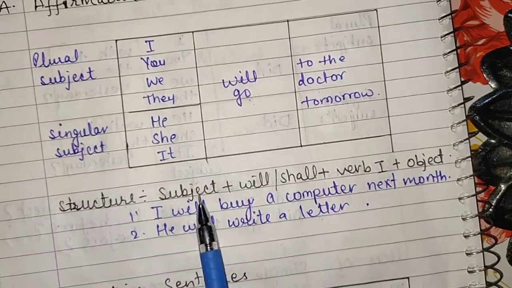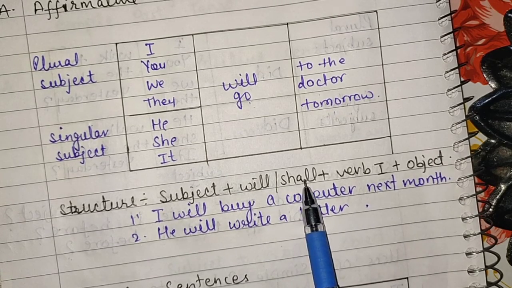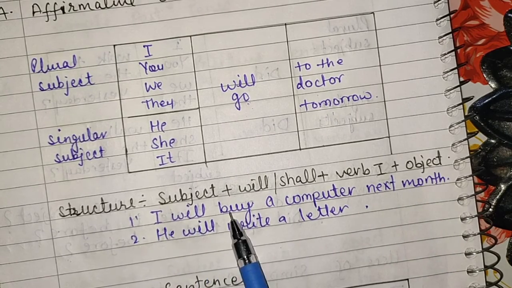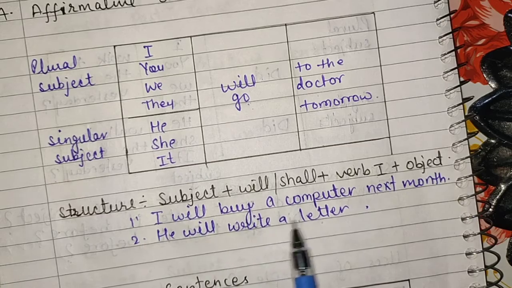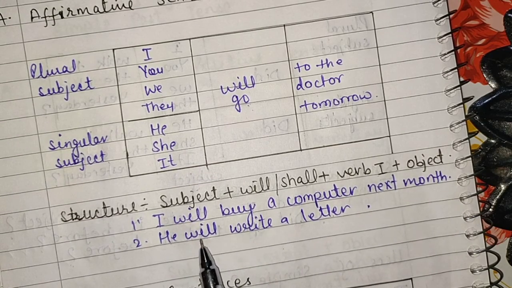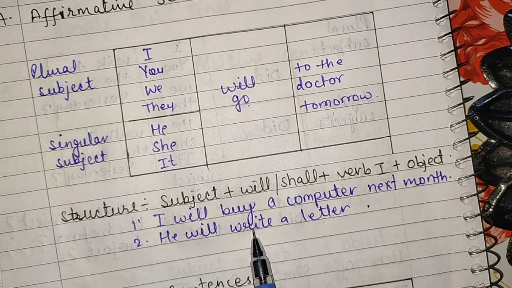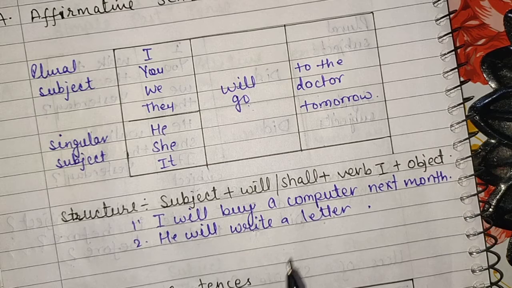Structure is subject plus will or shall, you can write will also and shall also, plus verb 1 plus object. I will buy a computer next month. He will write a letter. Okay, so you can see buy and write are your verbs and these are in the first form without any s.